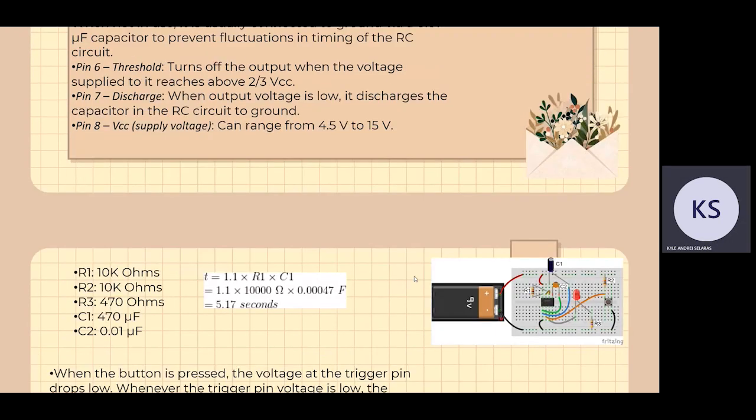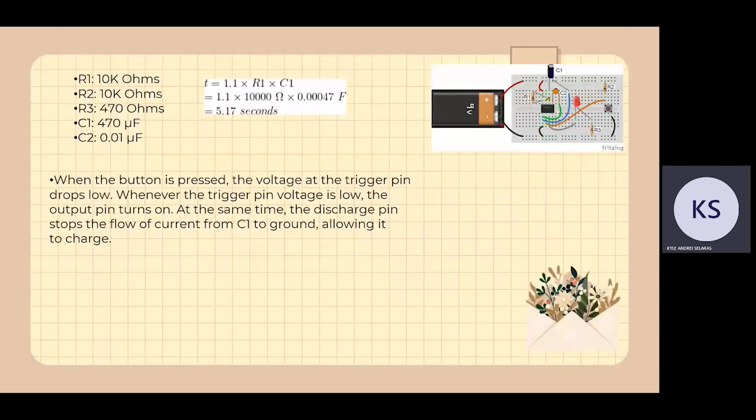So, next slide. Here we have an example. Here is the diagram of our 555 timer connected to all the resistors and capacitors. We have resistor 1, resistor 2, which is 10 kilo ohms, and resistor 3, which is 470 kilo ohms, used for the LED so it will not burn out.